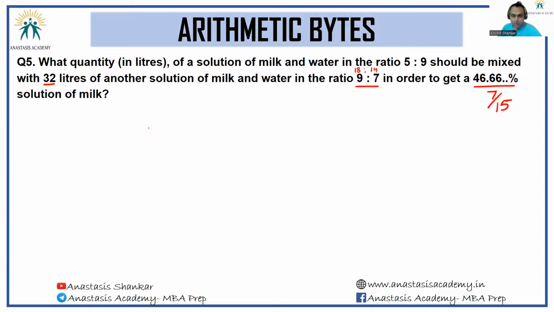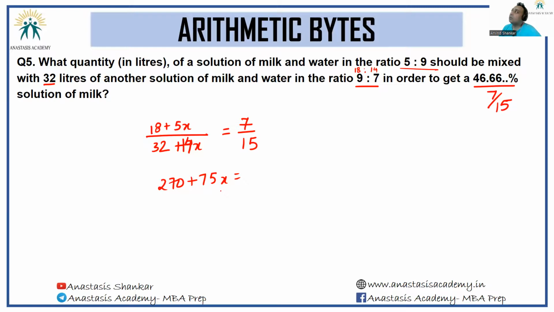What they're telling us is 18 plus 5x, whatever count we're using, plus 5x divided by 32 plus, not 9x, I'm so sorry, plus 14x, 32 plus 14x, I have to look at the full mixture, has to be equal to 7/15. So I get 18 into 15 is 270 plus 75x is equal to 32 into 7.